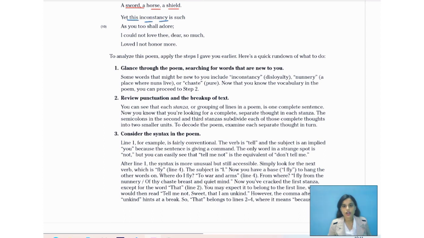Yet this inconstancy is such as you too shall adore. I could not love thee, dear, so much, loved I not honor more.